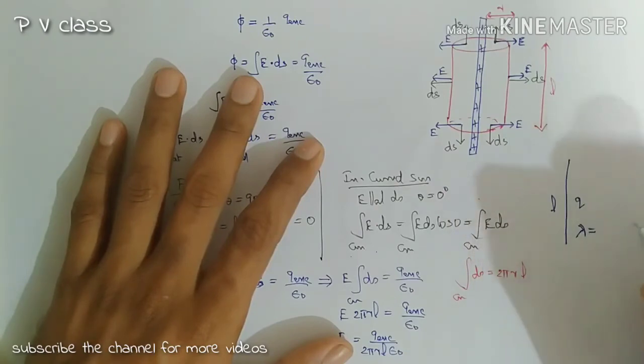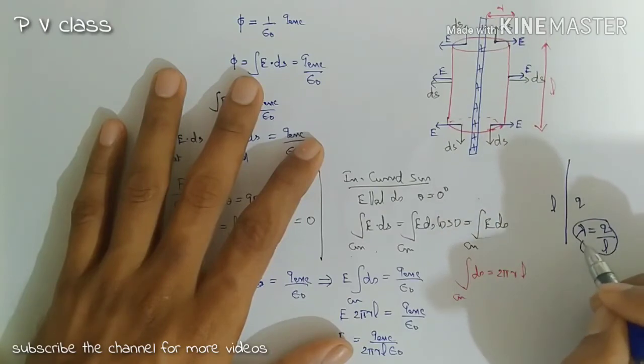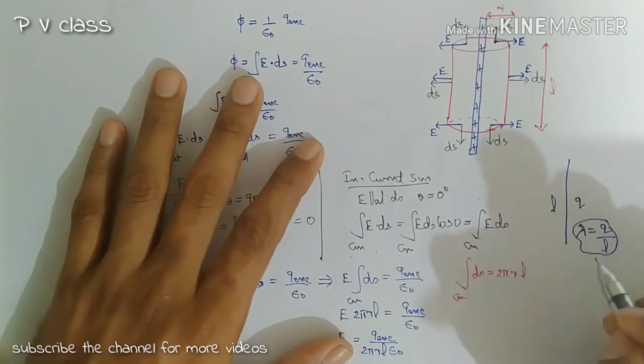Lambda is linear charge density. Linear charge density can be obtained by total charge divided by total length, or linear charge density is the charge per unit length. The charge in a unit length is called linear charge density. Lambda in this situation we are denoting for linear charge density.